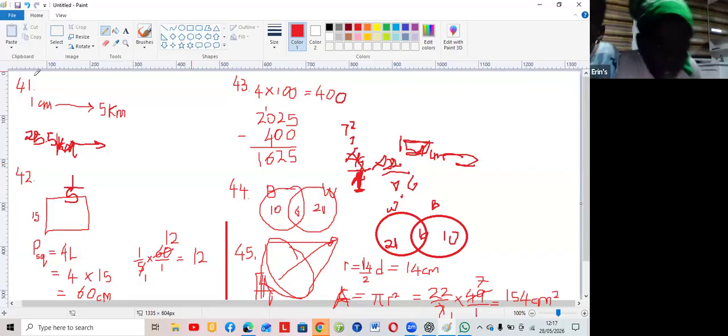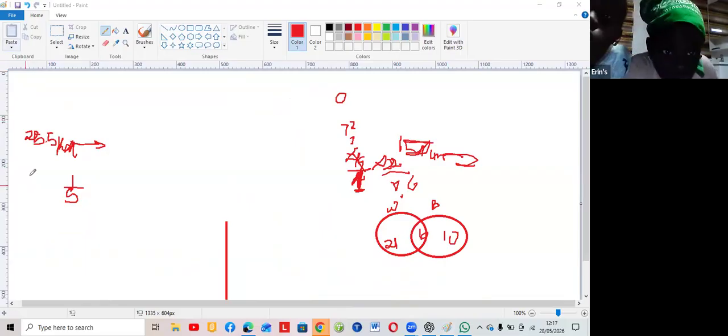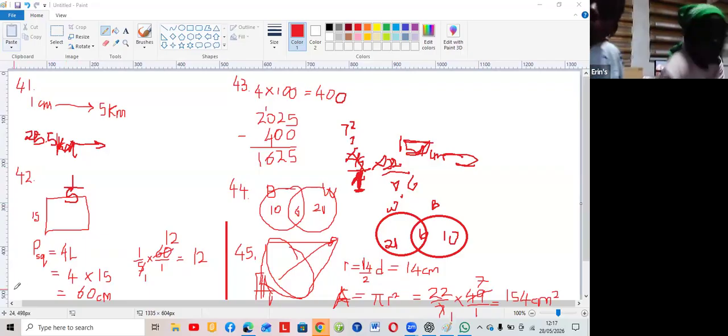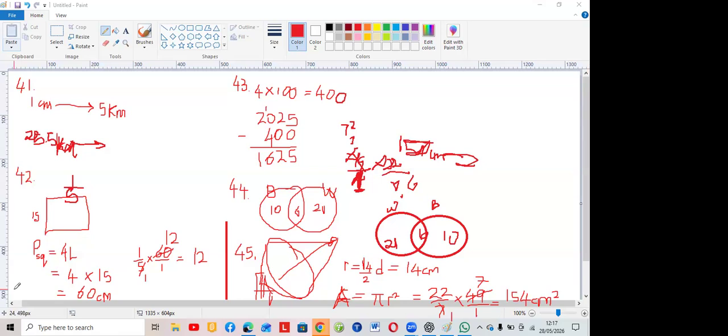Sir, don't clean anything. Sir, I think I'm not writing anything. She only wrote this area equals pi r, the formula. Please write down everything quickly. I'm waiting for you now.